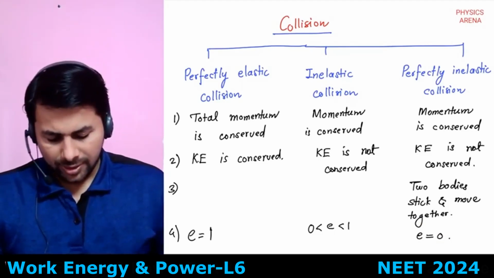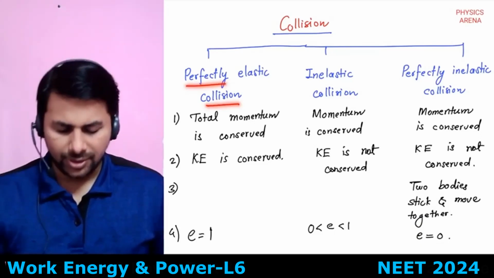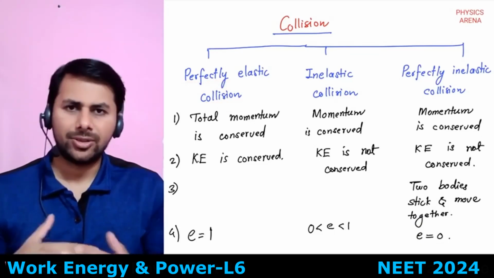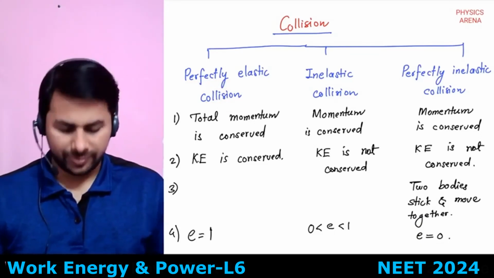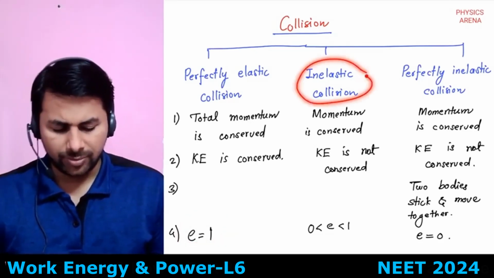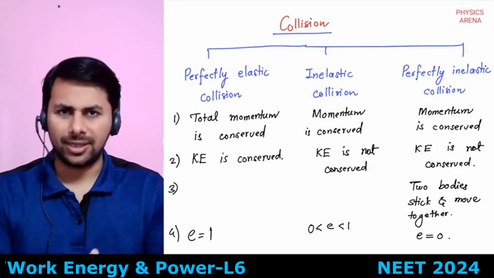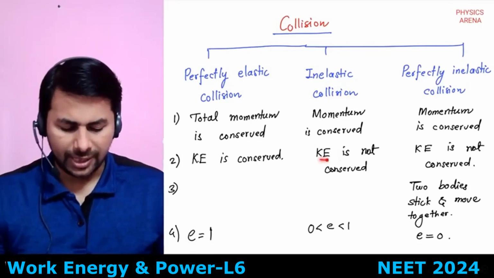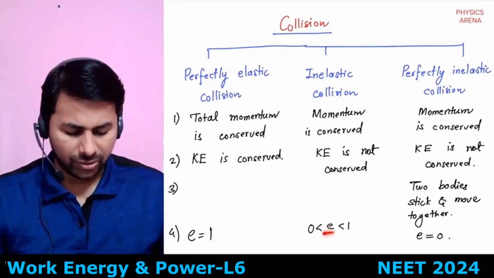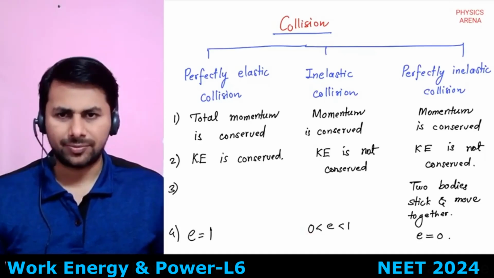In the case of a perfectly elastic collision, the velocity of approach and the velocity of separation will be equal. So e is equal to 1. Most collisions are not perfectly elastic and not perfectly inelastic. So kinetic energy is not conserved and the coefficient of restitution is between 0 and 1.